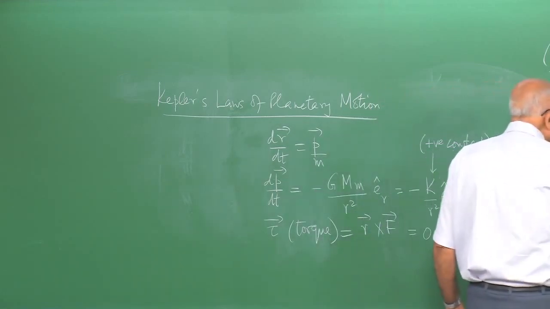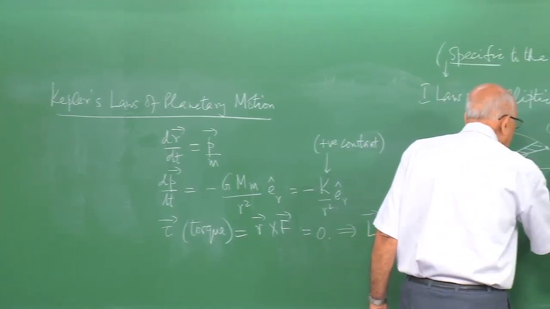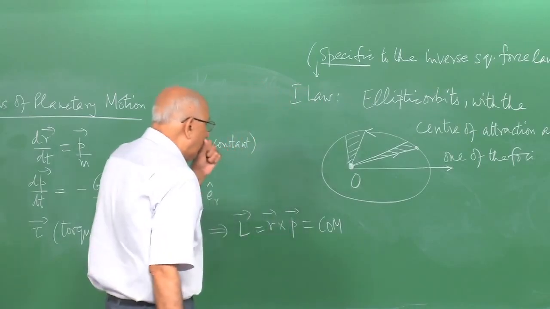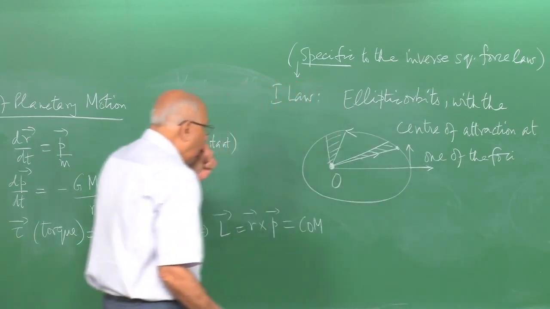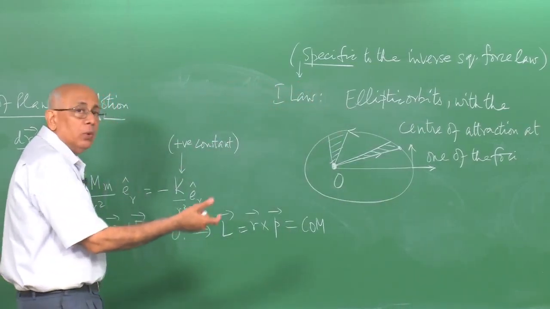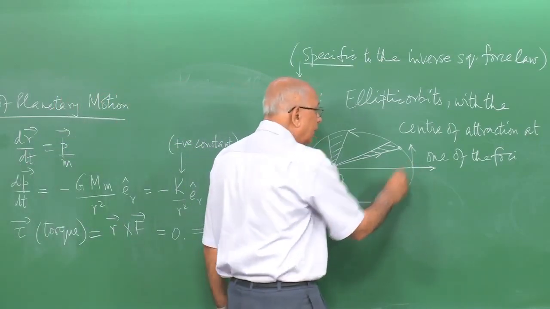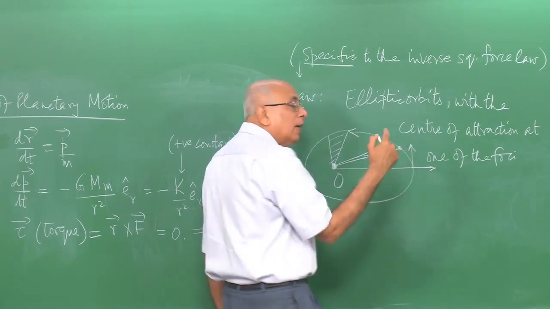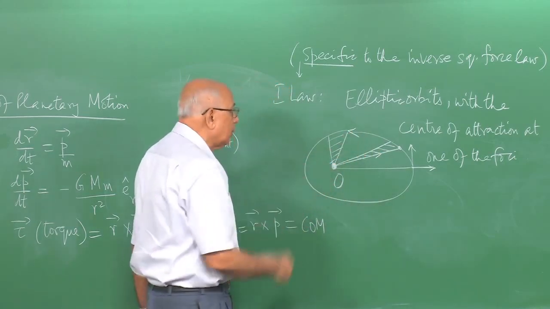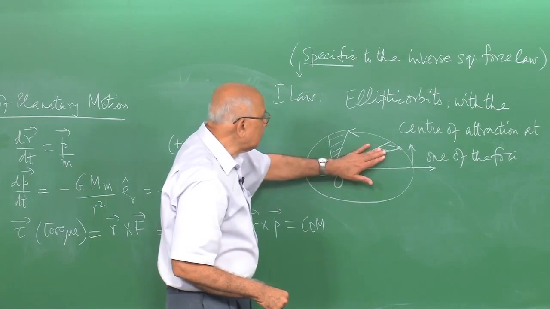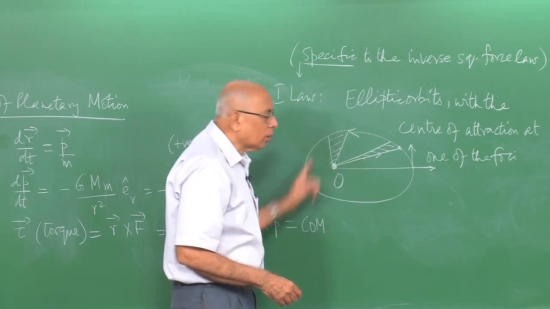If the particle is moving in an ellipse in the plane of the blackboard, if instantaneously this is the radius vector in this direction and the momentum at this instant of time is this way, then r cross p goes into the plane of the blackboard at this point of time, and at a later point of time it should again go into the plane of the blackboard, and at any other later instant it should again go into the plane of the blackboard, normal to it, which means that all these little area elements are in the same plane, which is equivalent to saying that the orbit is planar.